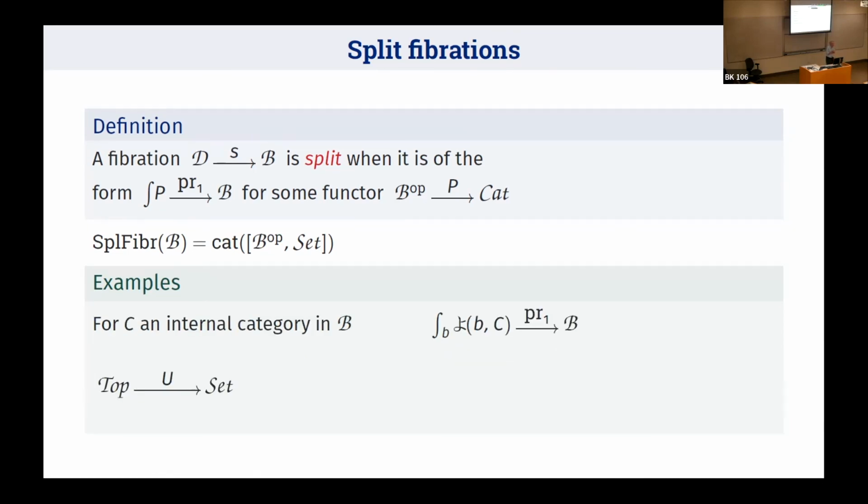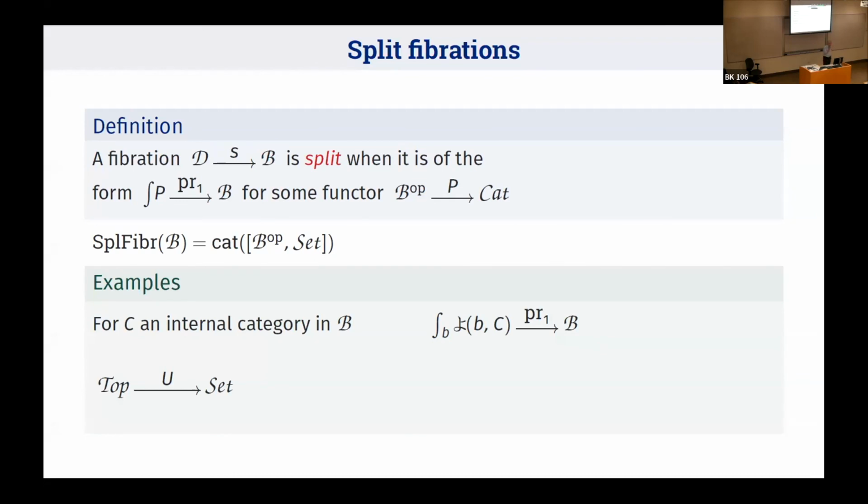And then two more examples. One which, at least from my experience, is extremely useful, allows one to turn an internal category in a given category B into a fibration with base B, by homing from each object into the category object.